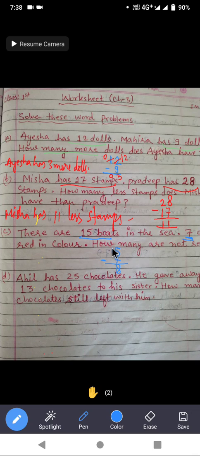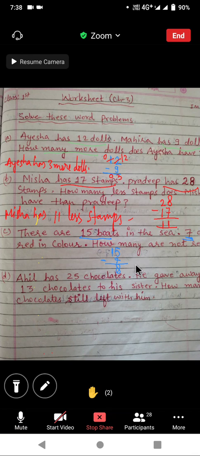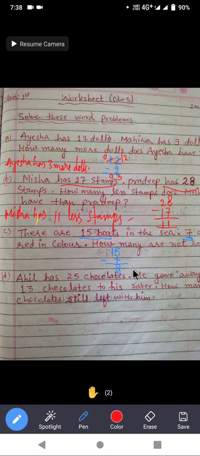Okay, you can regroup it also. So we can't subtract 7 from 5, so we will take 1 from the tens place. So here 0 will be left, and here it will become 15. So 15 minus 7 is 8. Okay, so 8 boats are not red.